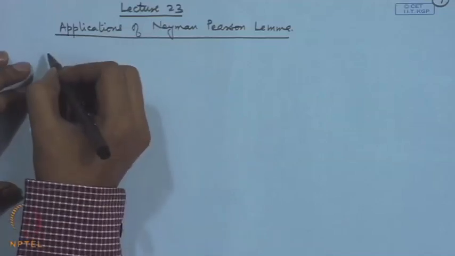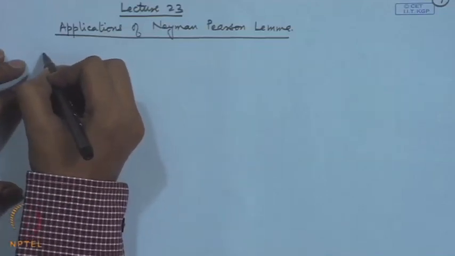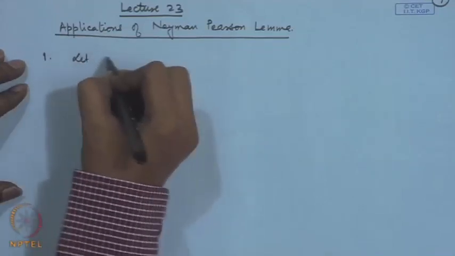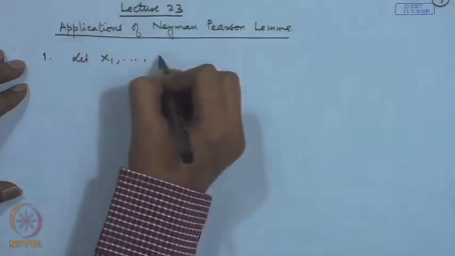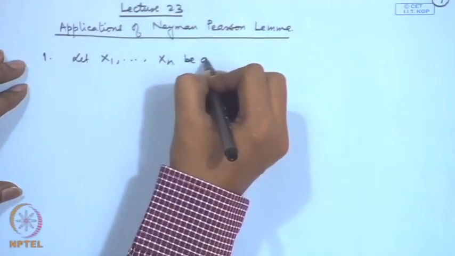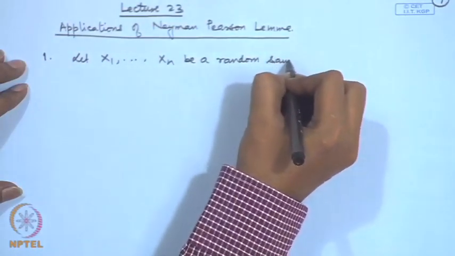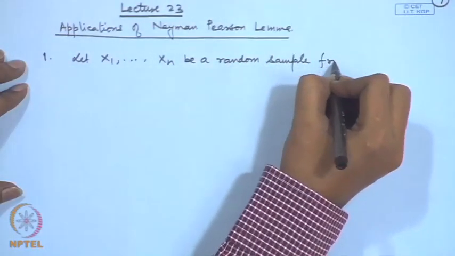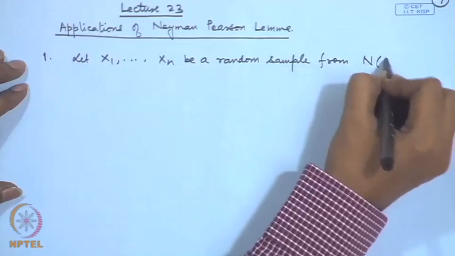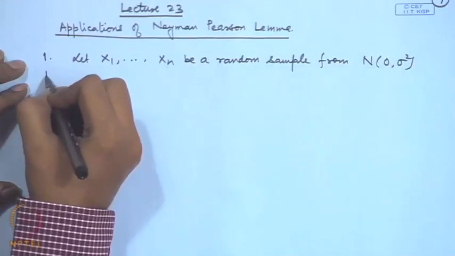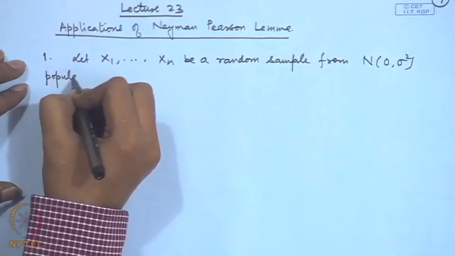Let me start with, suppose we have x1, x2, ..., xn, a random sample from a normal (0, sigma square) population.